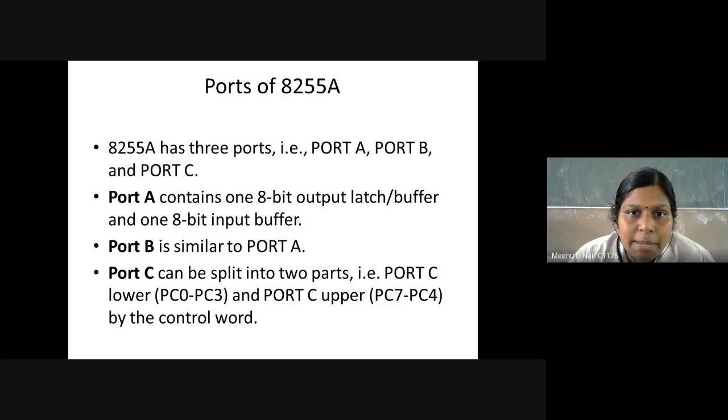Now we are going to see the ports of 8255. We have seen that there are 3 ports: port A, port B, and port C. Each one is an 8-bit port, but the difference is port A and port B both act as a complete 8-bit port, so you can transfer 8 bits at the same time.